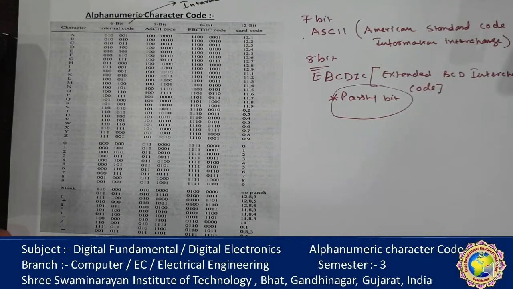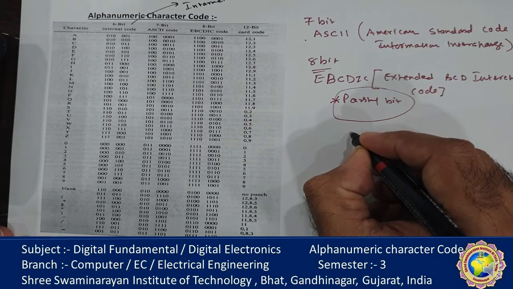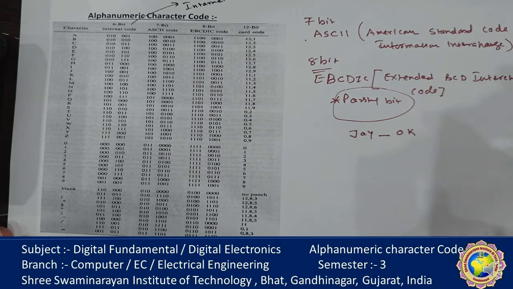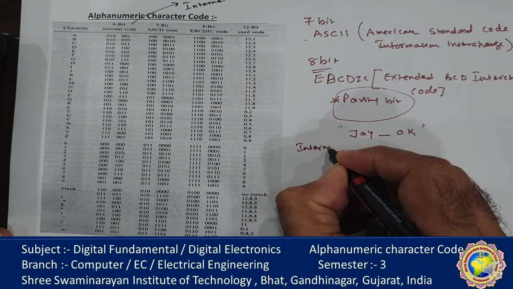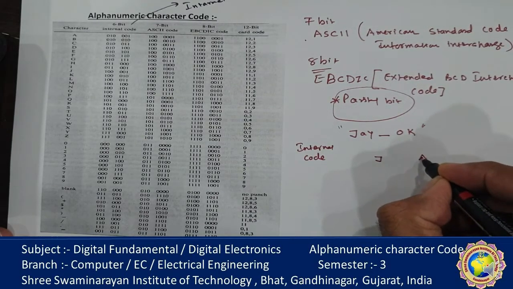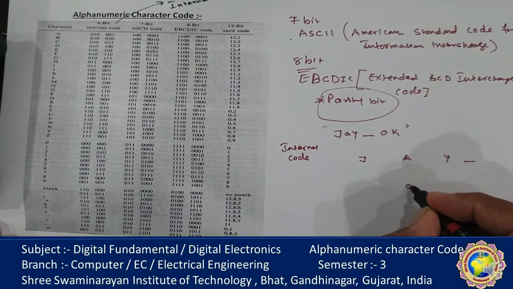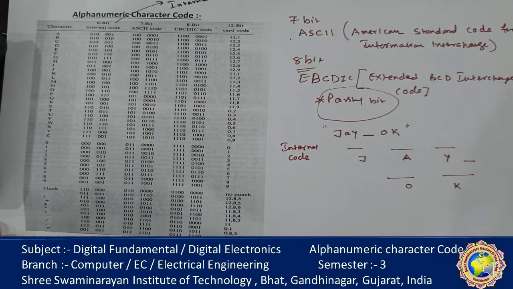Remember that. Suppose I want to write the word J A Y, blank, O K in numeric code. How can I write it? In the internal code, it is 6 bits for each.